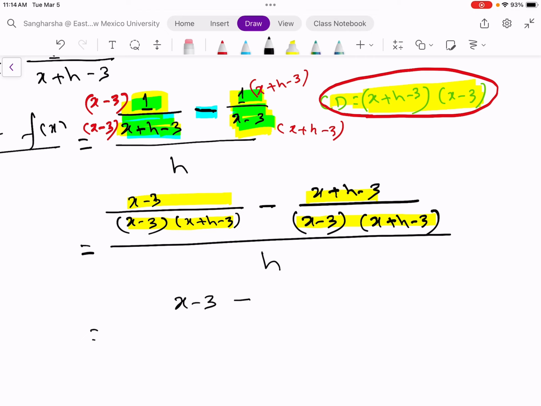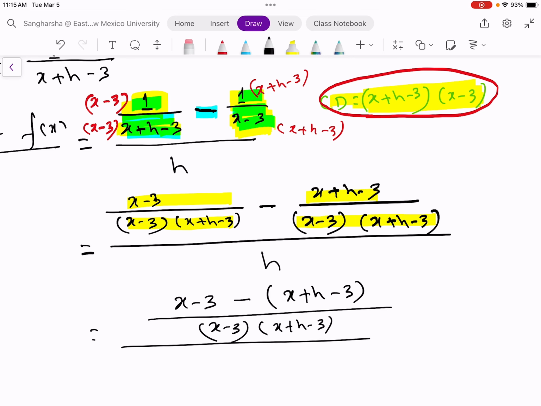We have negative, and when you have the negative, you have to be extra careful, okay? You're going to switch the sign of each term, or you're going to put the parenthesis. So let's have parenthesis here, x plus h minus 3, divided by x minus 3 times x plus h minus 3, divided by h.